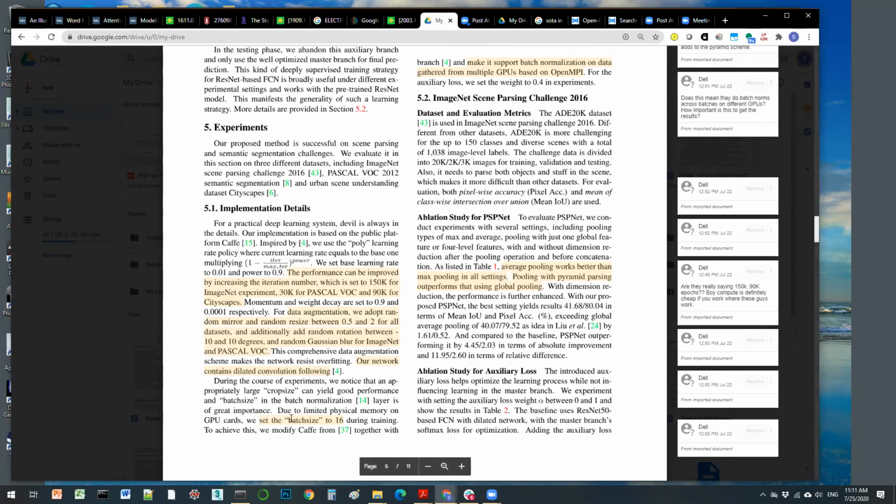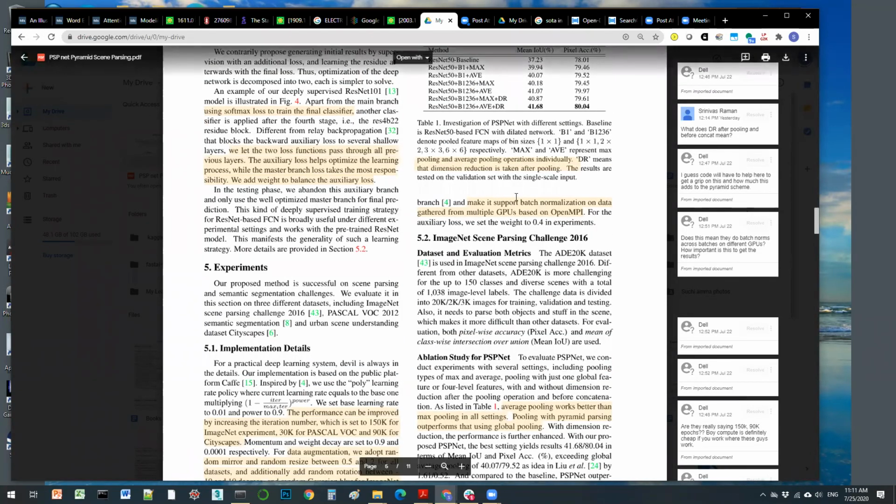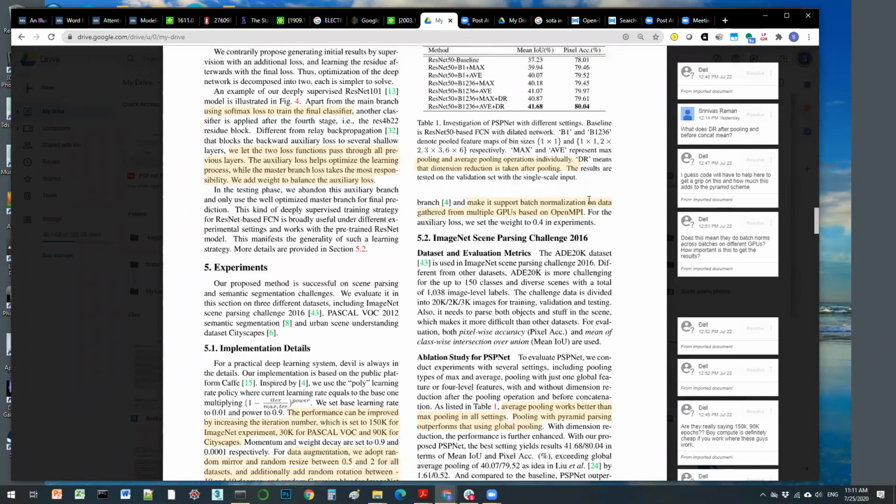And then this is the part which also concerned me. They talk about setting the batch size to 16, and then they talk about supporting batch normalization on data gathered from multiple GPUs.